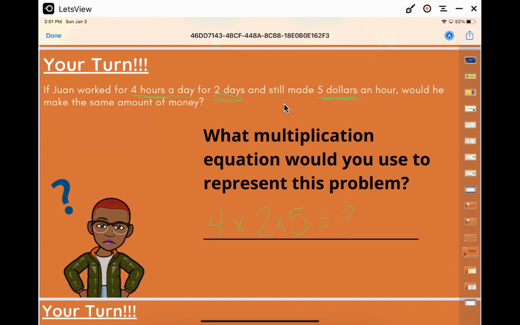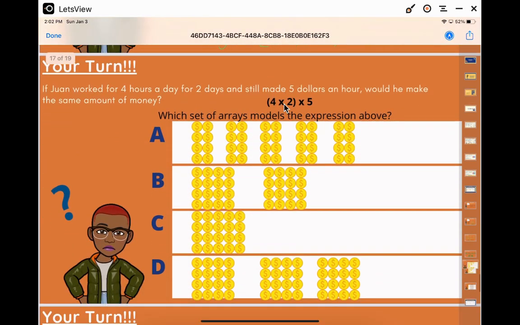Or maybe you said 2 times 5 times 4 equals something. Or you might have said 5 times 2 times 4 equals something. No matter what order you put your factors in, you would be correct, because remember, that is what the associative property does.